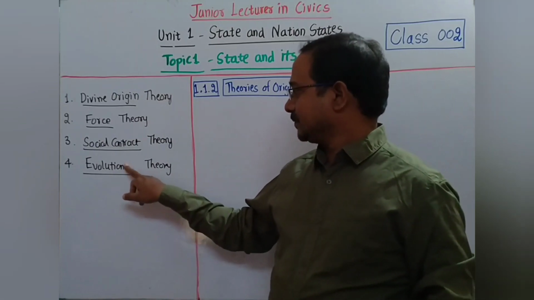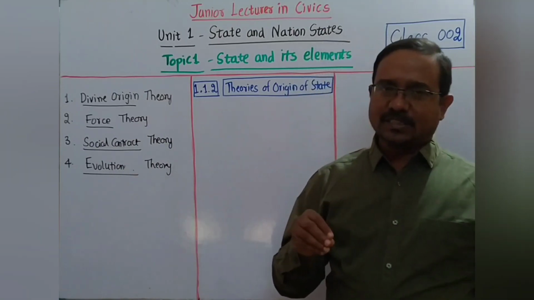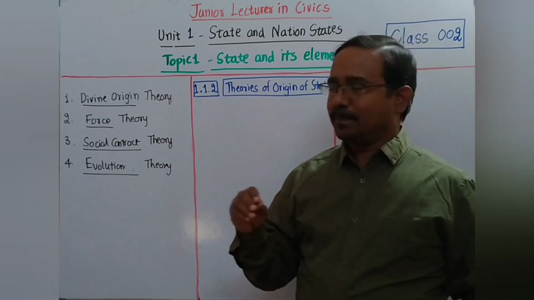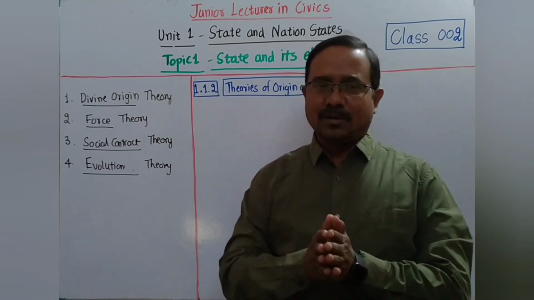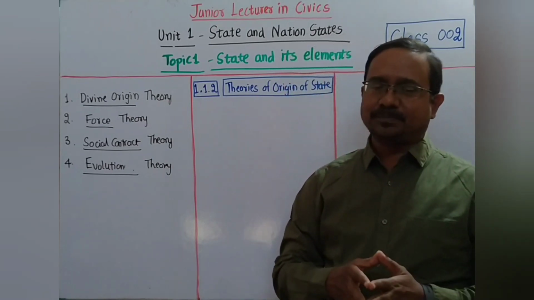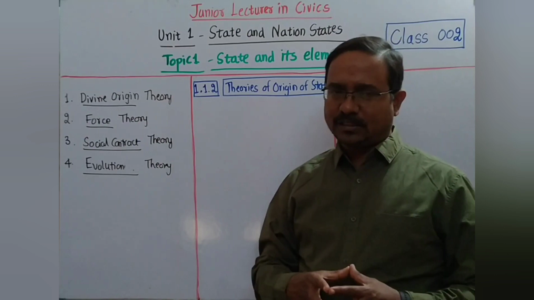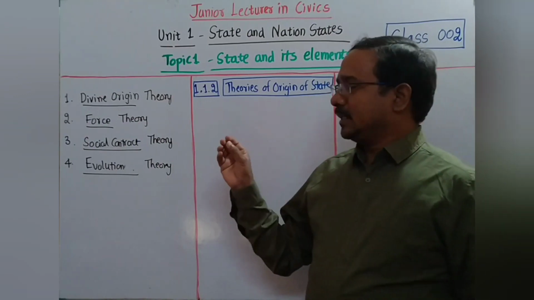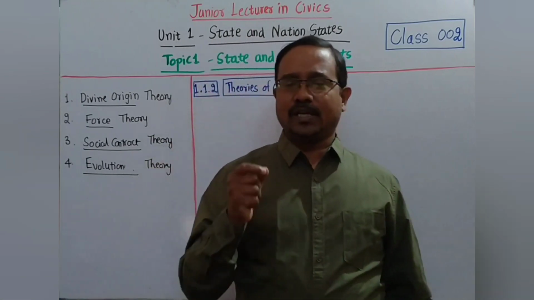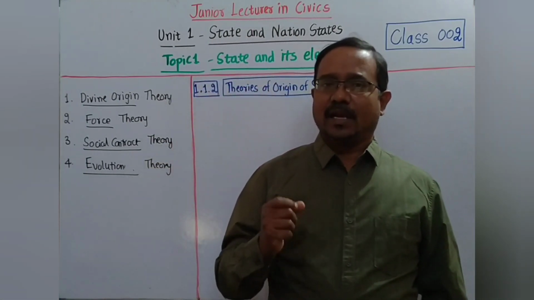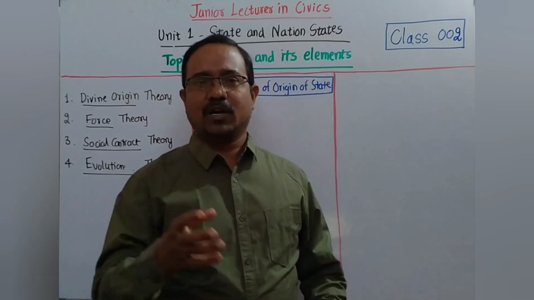In this class we will discuss each and every theory. Furthermore, there are another 3 theories also, but as per syllabus we have to discuss these topics. These 4 theories clearly explain how a state has originated and how a state has evolved.